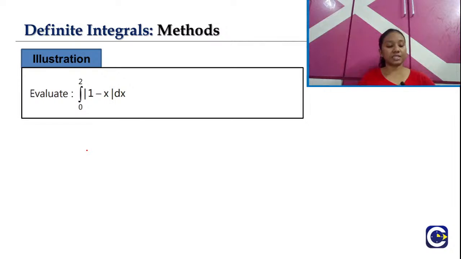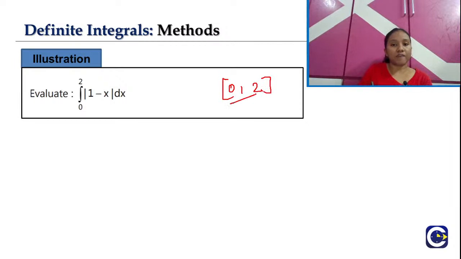So how can you split this function f of x here? What limit value can you pick in between the limits 0 to 2? So what are our limit values? 0 and 2.